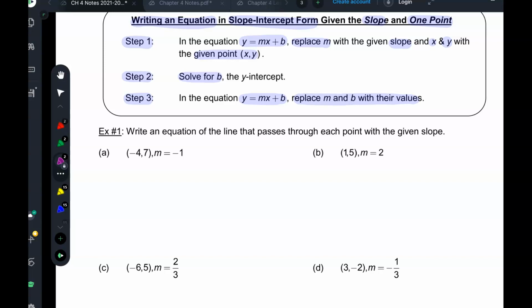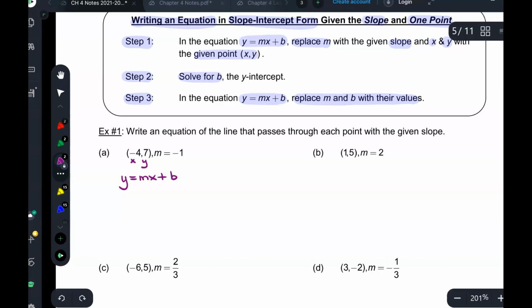Write an equation of the line that passes through each point with the given slope. So I have a value of x and a value of y and a value of m. So step 1, in the equation y equals mx plus b, I'm going to replace the slope and x and y with what's given.